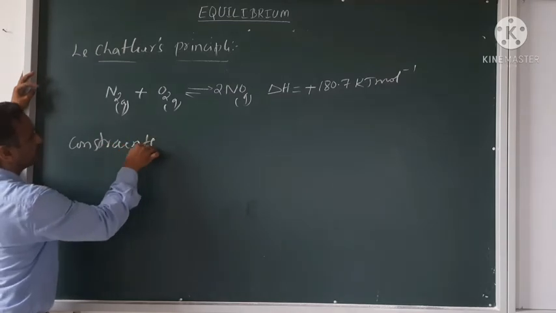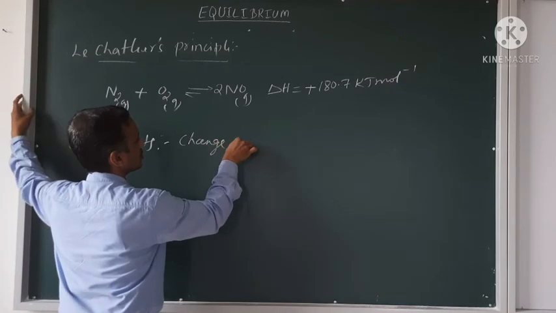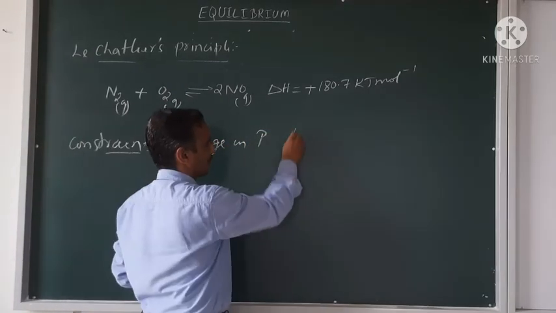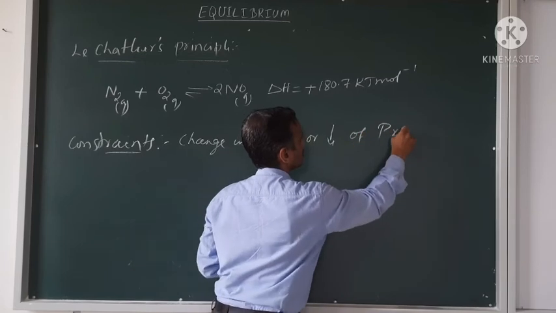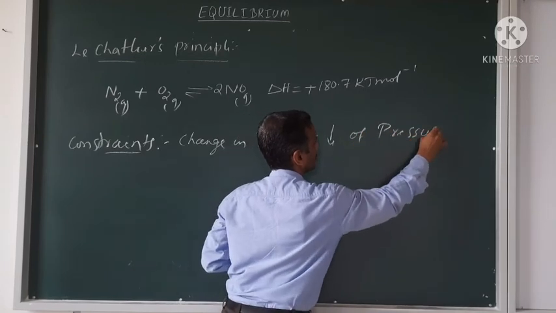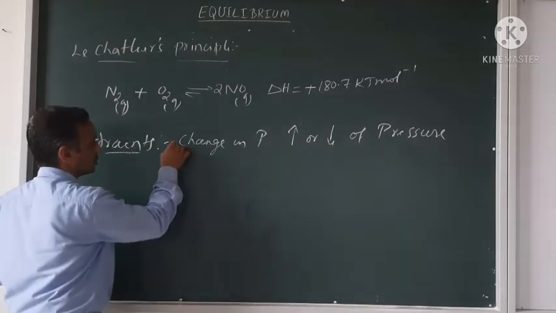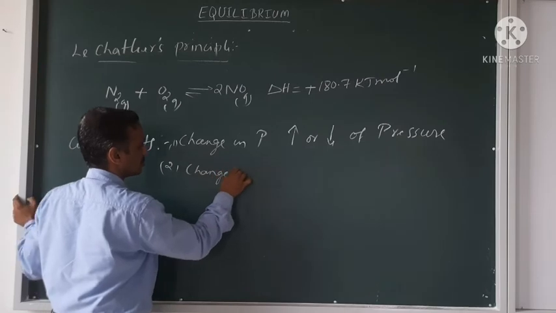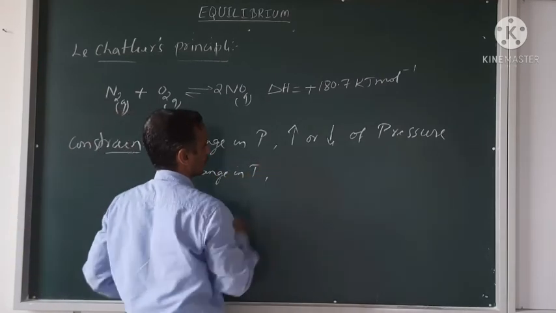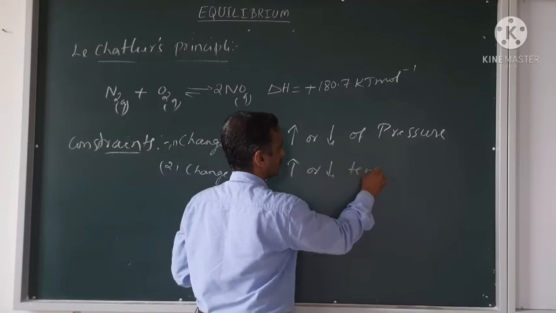So what are the constraints? Change in pressure, maybe increase or decrease of pressure. Then change in temperature, again increase or decrease.